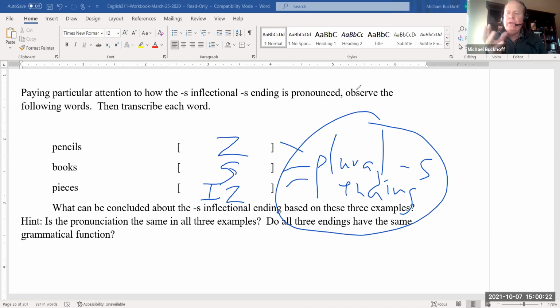So then these two examples illustrate the definition of allomorphs. An allomorph is a non-distinctive realization of a morpheme, and in these cases, inflectional morpheme. Okay, any questions on that before we move on?